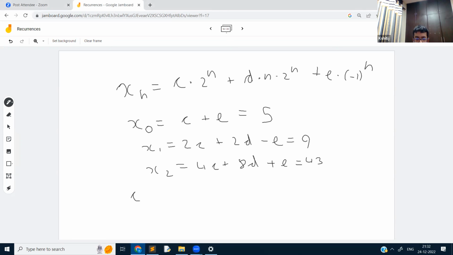Okay, so solving for c, d, e, we will get an equation of the following form. I'm writing it out.